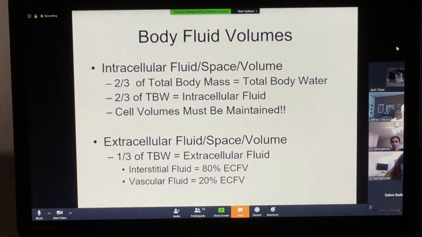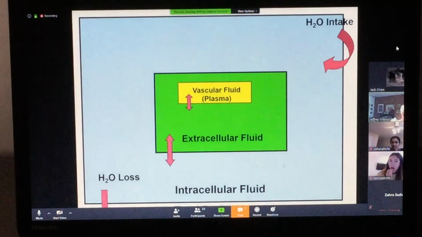All right, and so your kidneys are responsible for maintaining your cell volumes at all times. Then what's not intracellular fluid volume has to be extracellular, and the extracellular compartment is made up of fluid that's interstitial, in other words, between cells, and fluid that is in the vasculature, otherwise known as plasma. And of your extracellular fluid volume, 80% is in the interstitial space between cells, and 20% makes up the plasma or the vascular volume.